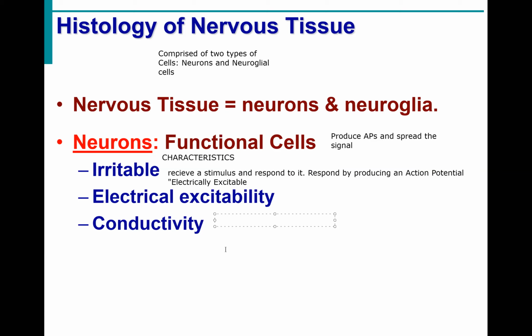The same thing is true for a neuron. By conductivity, it means that it can produce and propagate, which is a big fancy word that basically just means to send from one place to another, an action potential.